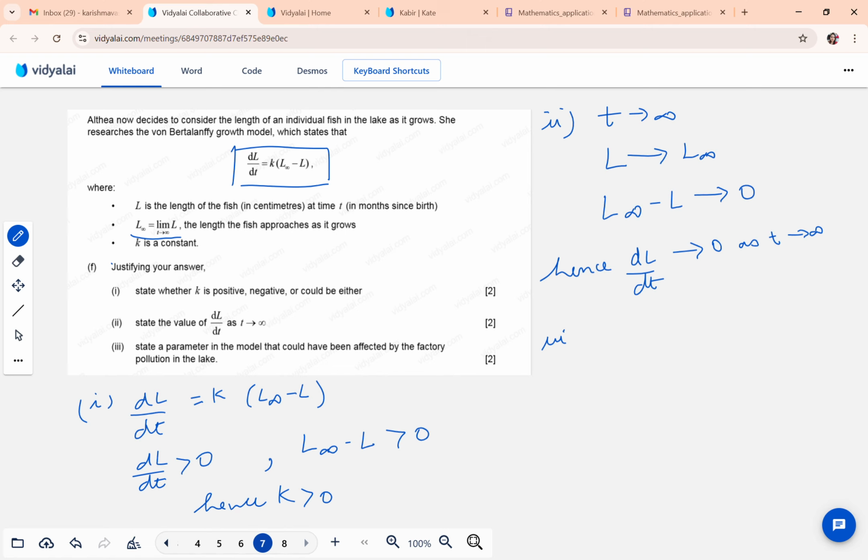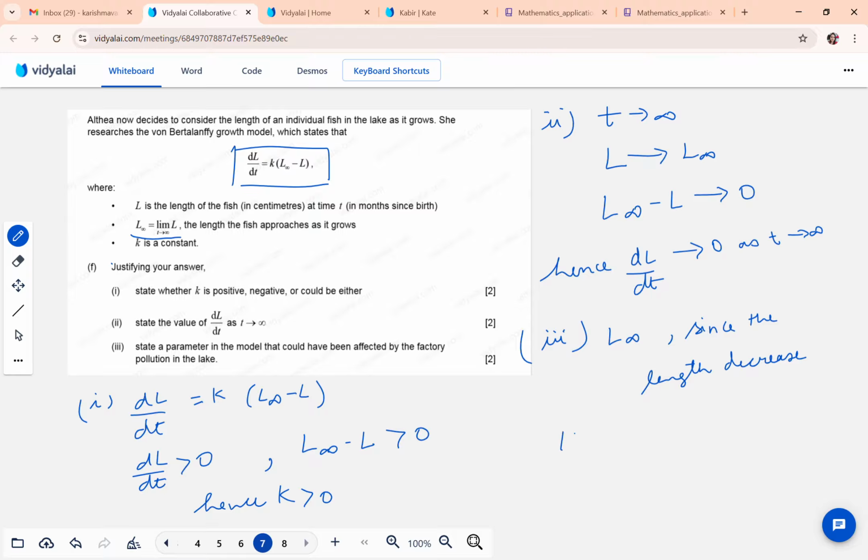Now the third part: state a parameter in the model that could have been affected by the factory pollution in the lake. So we have a length, we have k. We need to see what will be affected in this case. Obviously our length will decrease when there is pollution. So L infinity will be affected, since the length will decrease because of the pollution.